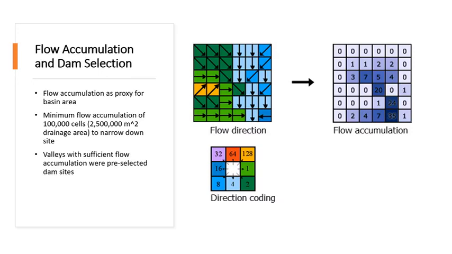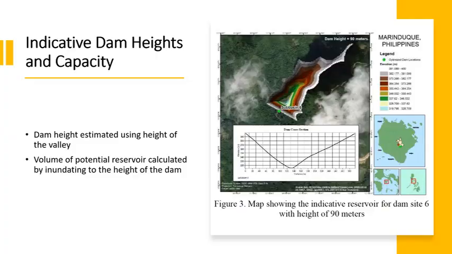In this figure, you have your cell at the bottom right. It has 35 cells accumulating on its point. So all in all, they selected potential dam sites based on the presence of valley landforms and a minimum flow accumulation of 100,000 cells.